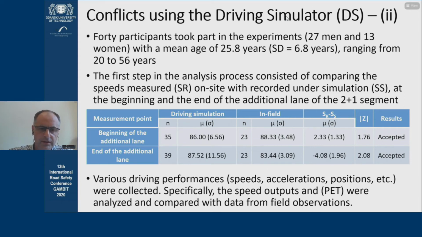that cross-section. So we compared speeds at the beginning and the end of the overtaking lane, and we compared real and simulated results. We have high consistency there. In one case, initially it's 2 kilometers per hour, and at the end of the additional lane, it's around 4 kilometers, which suggests that the results are reliable.